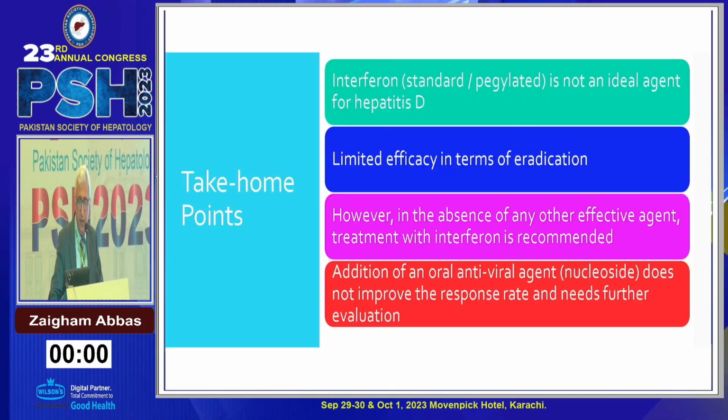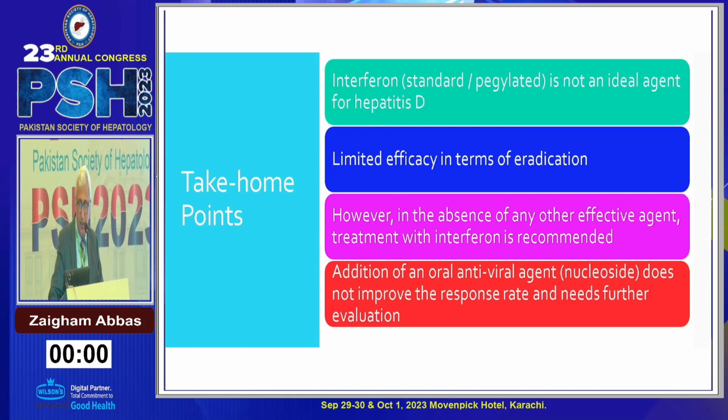Standard or pegylated interferon is not an ideal agent for delta hepatitis. There is limited efficacy in terms of eradication. However, in the absence of any other effective treatment, pegylated interferon is still recommended, as we do not have bulevirtide in our country.